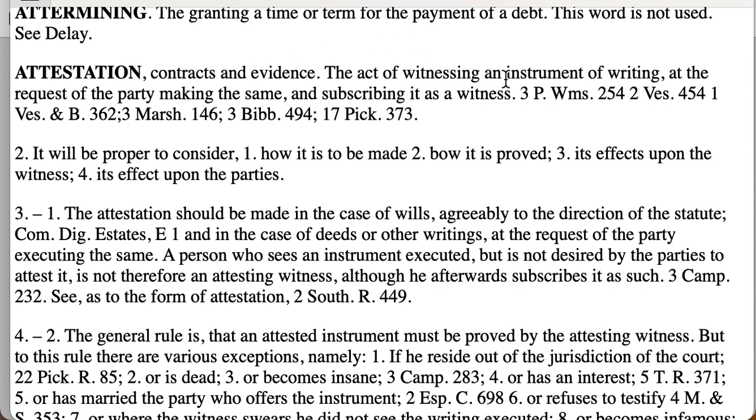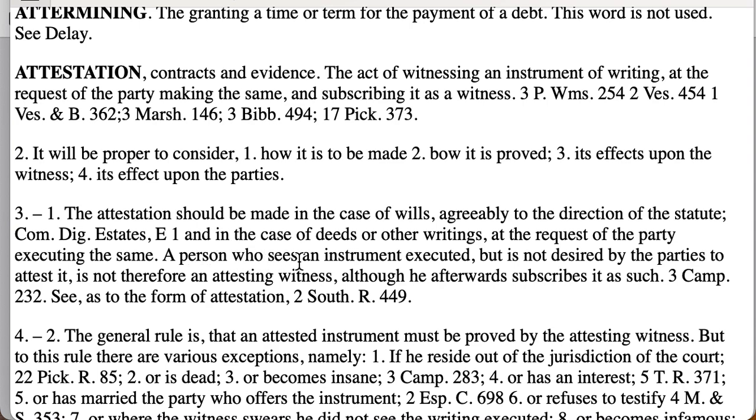The act of witnessing an instrument of writing at the request of a party. We're going to see that, right? The maker of the instrument requests the notary to provide as a witness a certification of the acceptance or non-acceptance. So that's an attestation. The attestation should be made in the case of wills agreeably to the discretion of the statute.